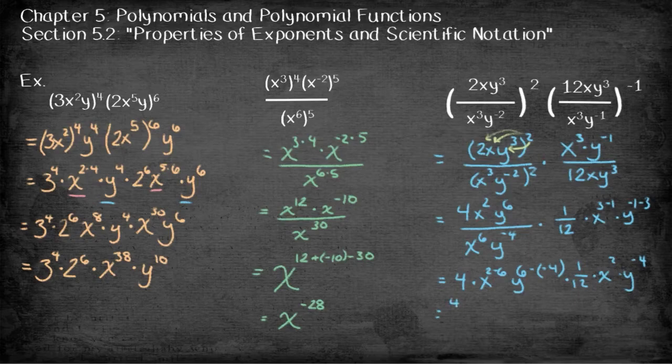All right, so I'm going to collect these two guys together, the 4 and the 12. And then I am going to simplify. And while I'm at it, I'm going to put the x's together and the y's. And there we have 1/3 x to the negative 2 times y to the 6th.